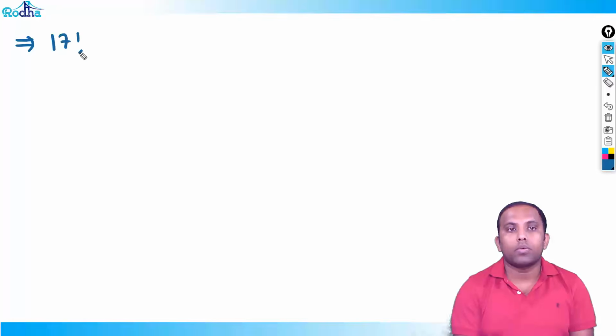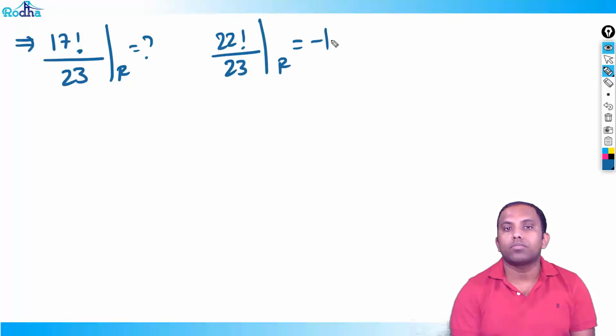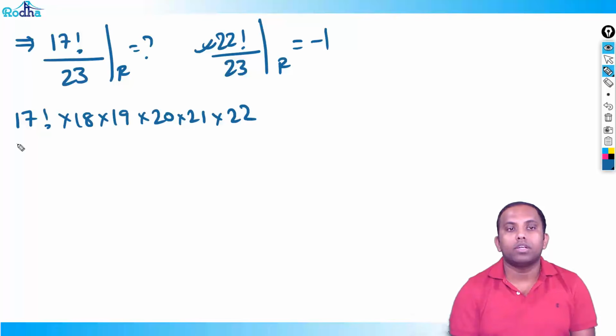17 factorial by 23, remainder I want, and I know that 22 factorial by 23, the remainder is minus 1. How to connect now? So guys, 22 factorial can be written like 17 factorial into 18 into 19 into 20 into 21 into 22, divided by 23 remainder.